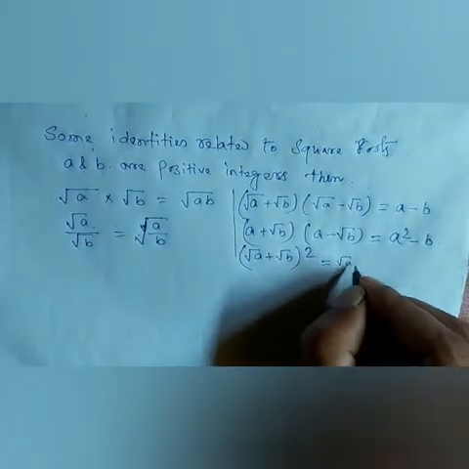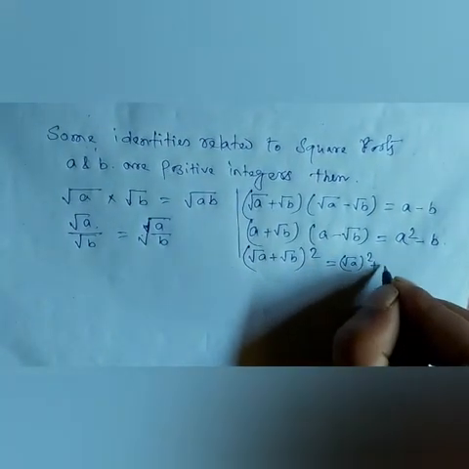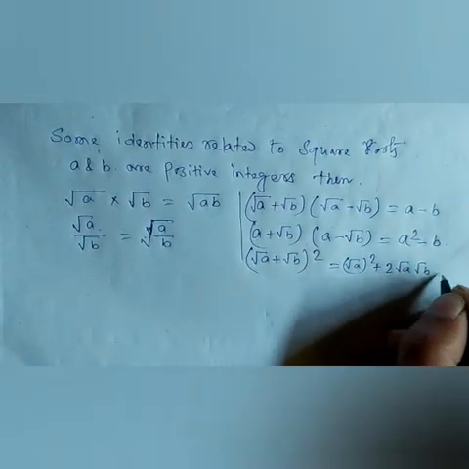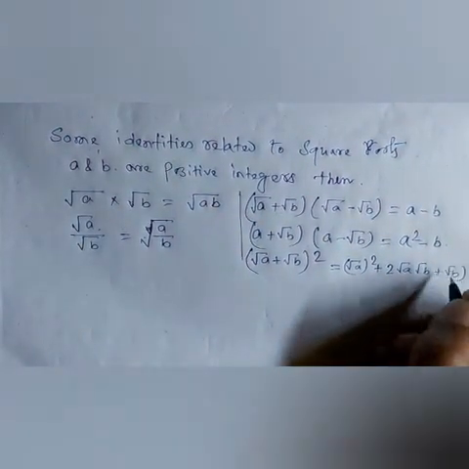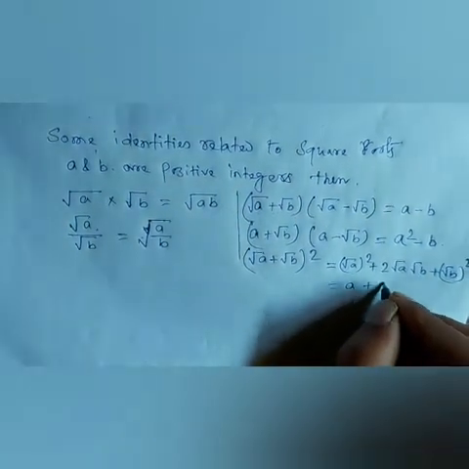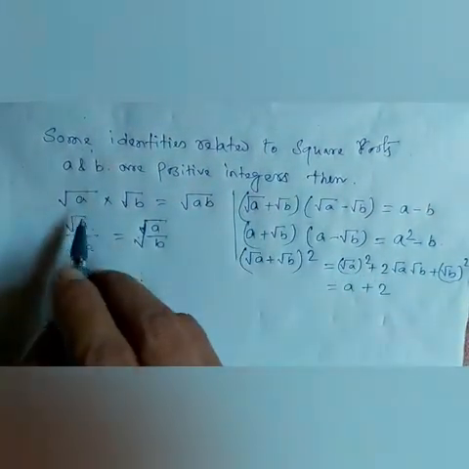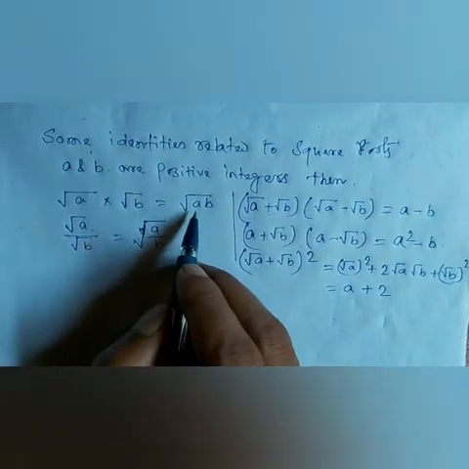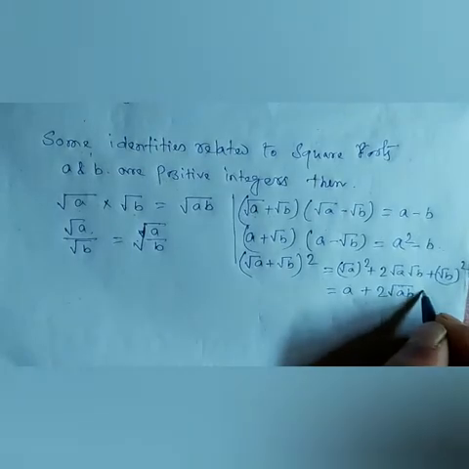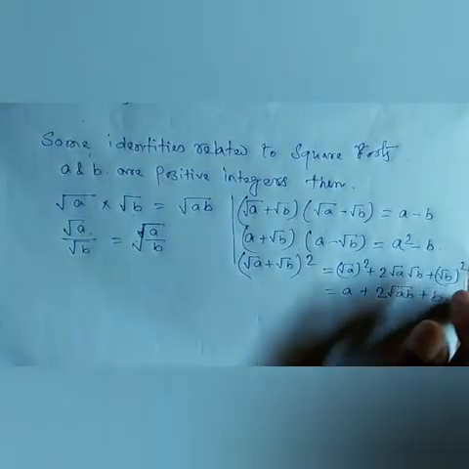So root A whole square plus 2 into root A into root B plus root B whole square. So A plus 2 root over AB plus B.